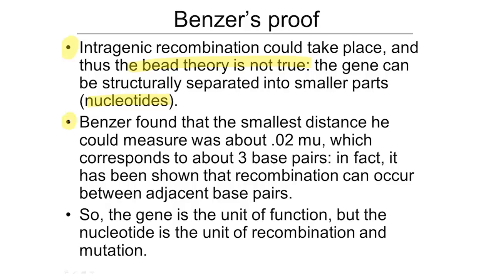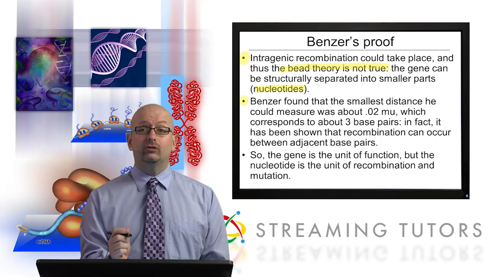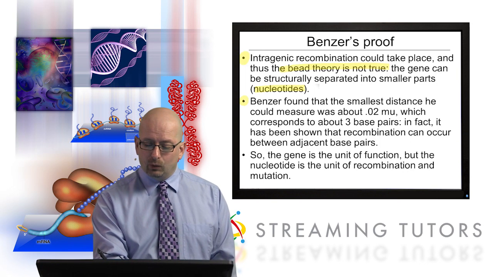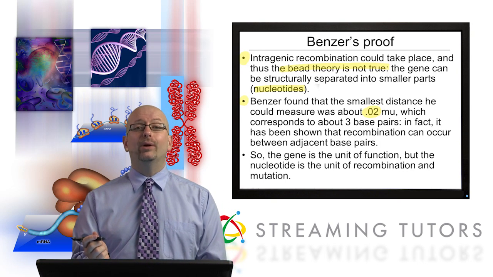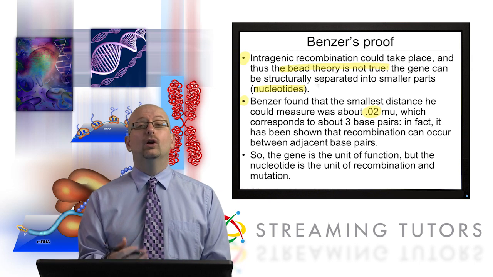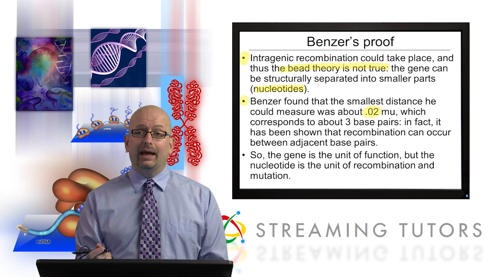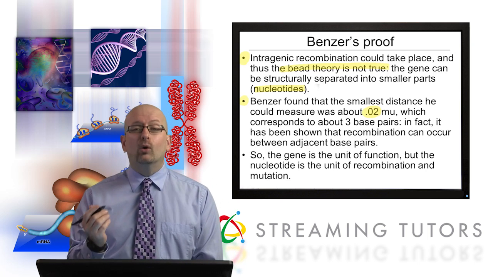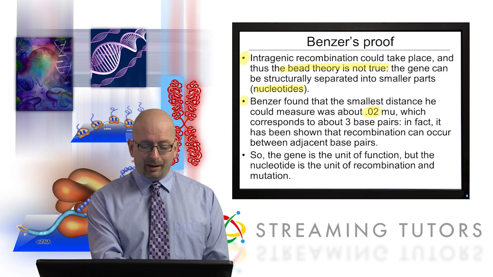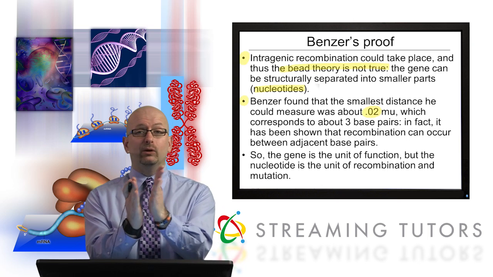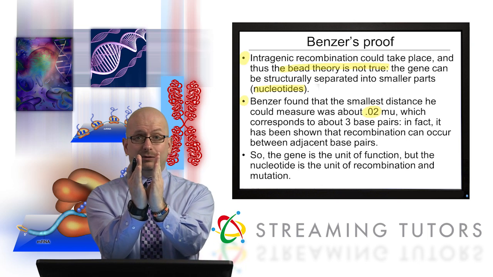So what Benzer found out, the smallest distance he could possibly measure was 0.02 map units. We now know that this corresponds to about 3 base pairs. More modern experiments have shown that recombination in theory can occur even between one base pair and the next one.